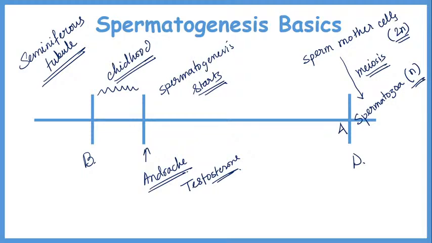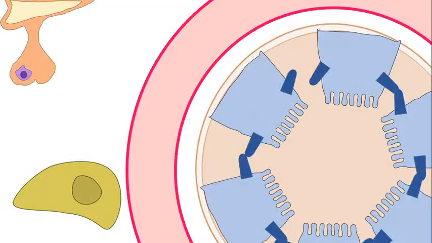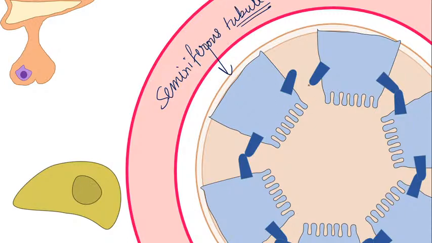Understanding it? So basically this is the idea. Now all this activity occurs where? This is your seminiferous tubule, this entire seminiferous tubule. Inside, what is happening over here? You have your sperm mother cell. Sperm mother cell is producing spermatozoa. Spermatozoa is n, sperm mother cell is 2n.